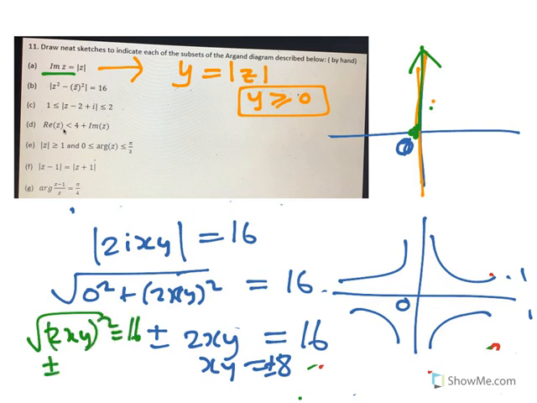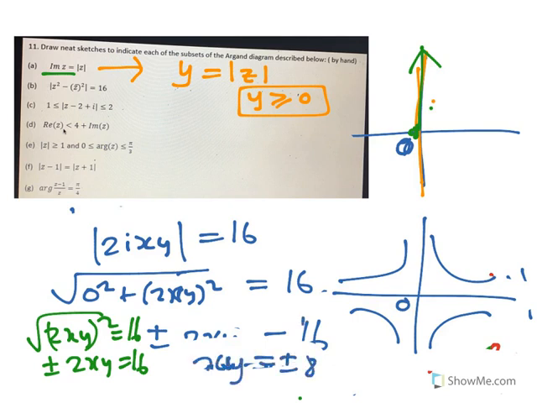That would be plus or minus 2xy, which equals 16, which then gives you xy equals plus or minus 8, because the square root of a squared is the absolute value of a. So what's inside there could be plus a, or it could be minus. Okay, so that means that there are two hyperbolas, xy equals plus or minus 8.